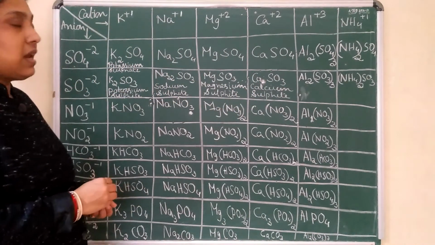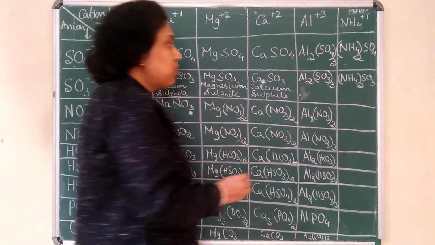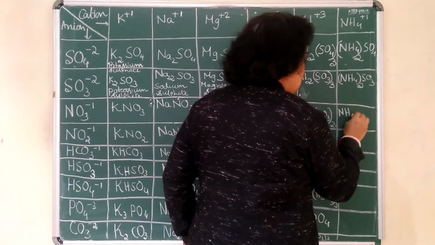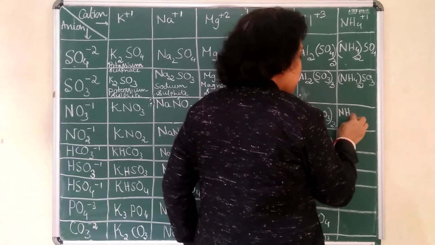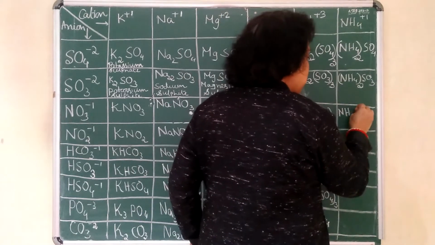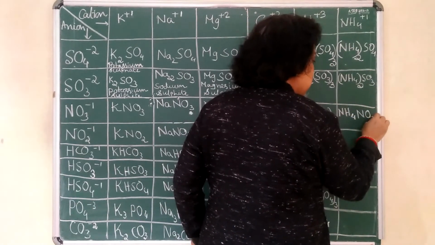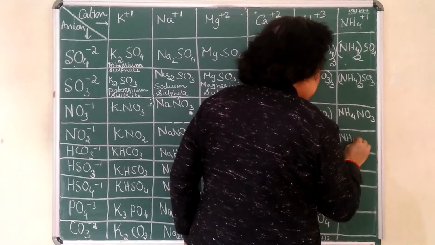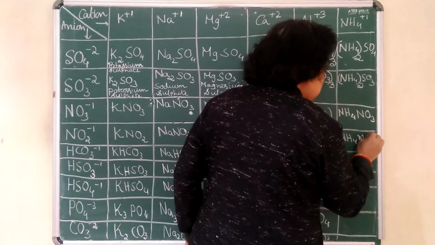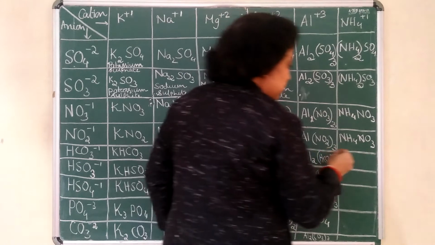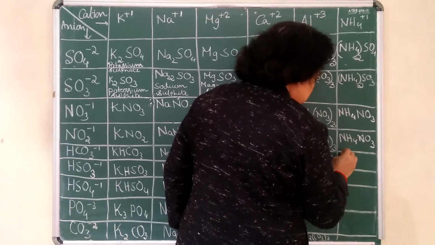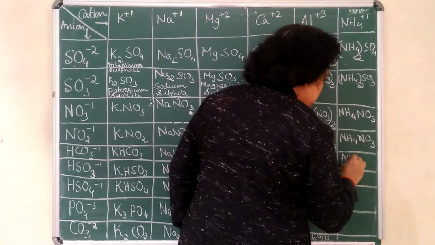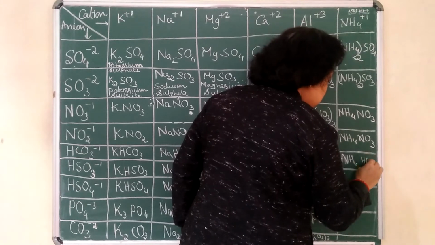Okay, at the last column, that is ammonium. Ammonium is valency 1, so ammonium will get nitrate valency, nitrate is also 1, so both will be cancelled, so NH4NO3, NH4NO2, which are the same valency, no need to write because that will be cancelled. Then NH4 and HCO3.